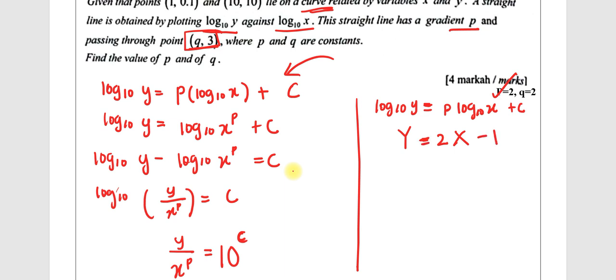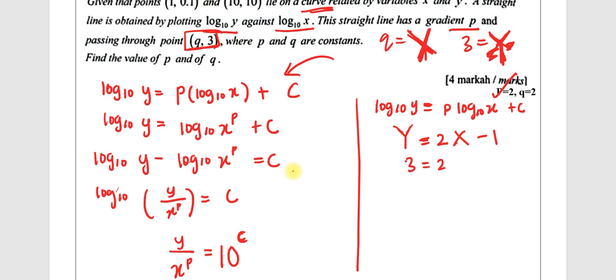If we want to substitute any point, you cannot use the original equation. Don't use it. Your Q actually represents your y, your 3 actually represents the x. Sorry, I mixed up. Q is actually your x, 3 is actually your y.